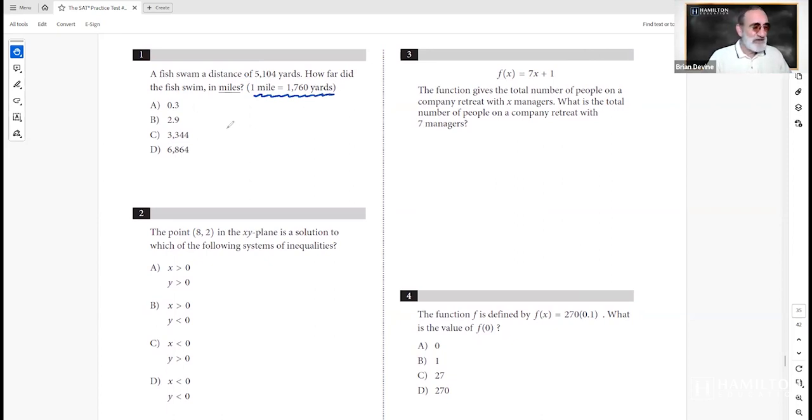So if I divide 5104, and that's in yards, by the way, by 1760 yards per mile, well, the miles are going to flip upstairs, the yards will cancel, I'll be in miles, and that'll give me in a calculator 2.9 miles. So B is the answer.